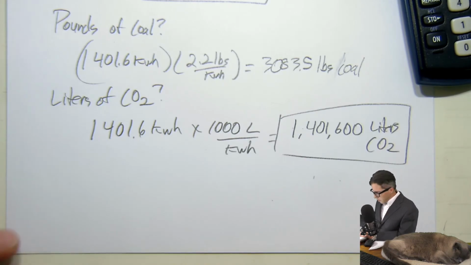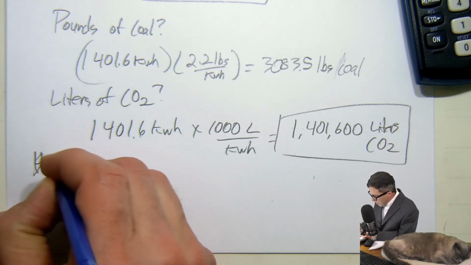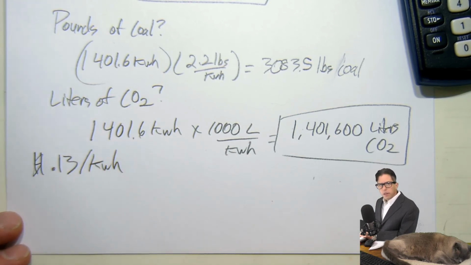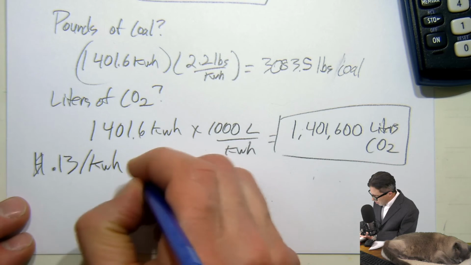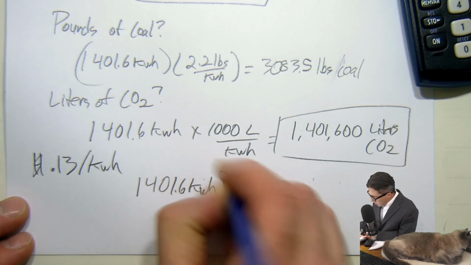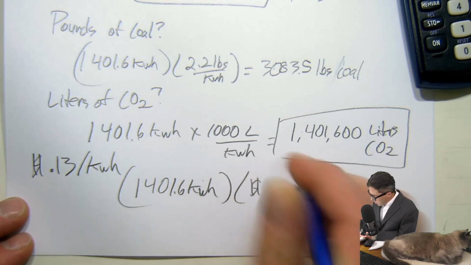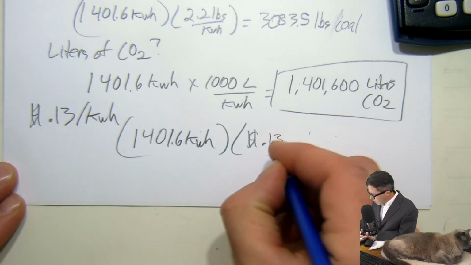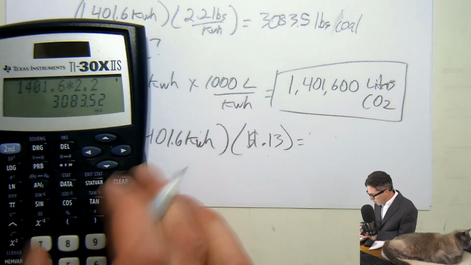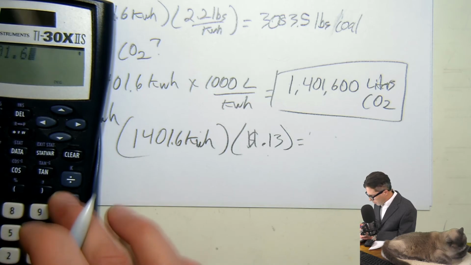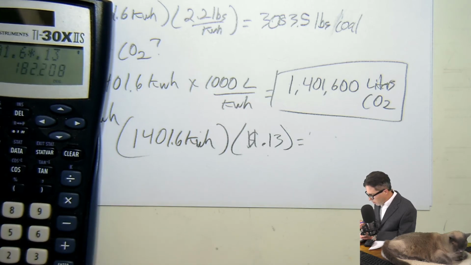How about cost? Let's say it costs 13 cents per kilowatt hour. Then I go back to my kilowatt hours, 1,401.6 times 13 cents. 1401.6 times 0.13.